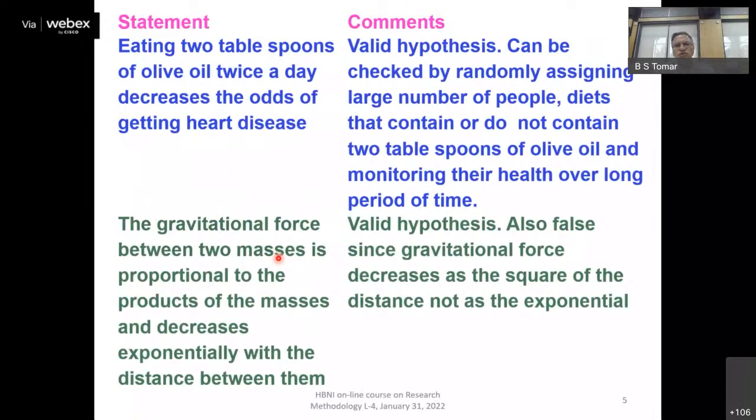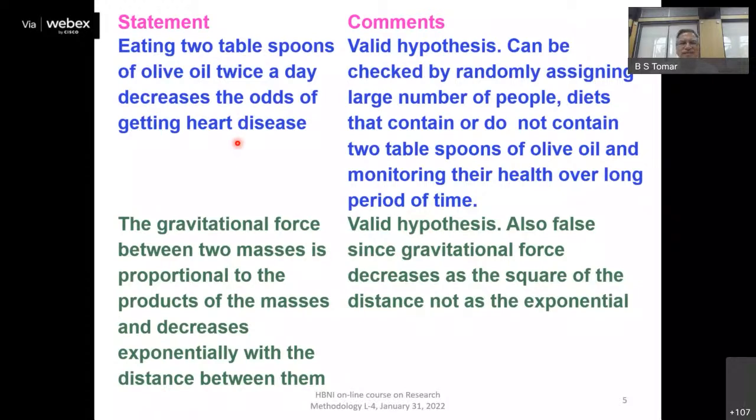Just to give you some very early examples of statements where you can discuss whether it is a valid hypothesis or not. For example, the statement says eating 2 tablespoons of olive oil twice a day decreases the odds of getting heart disease. Now, you must be having dadi maa ke nuskhe.